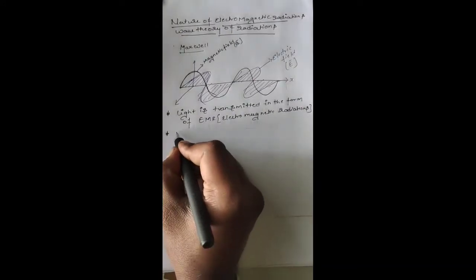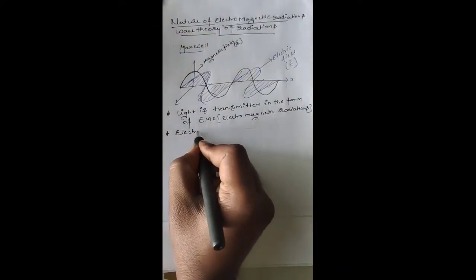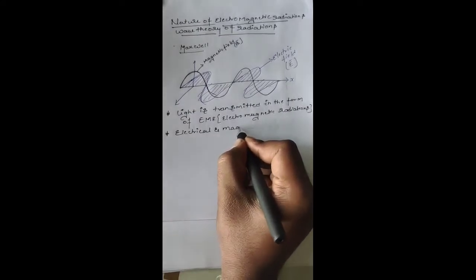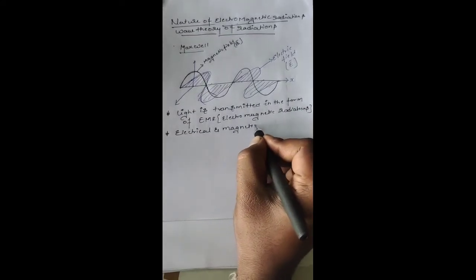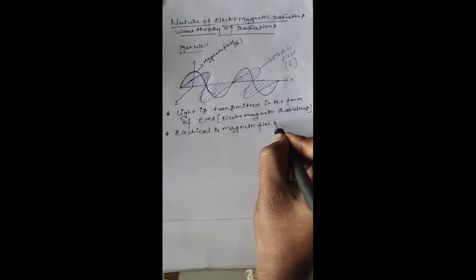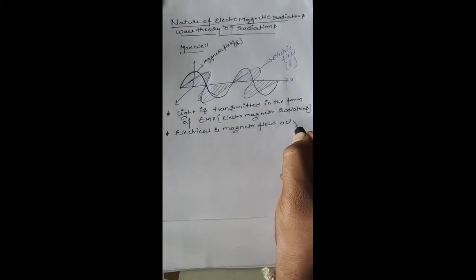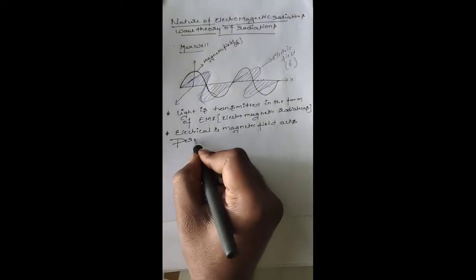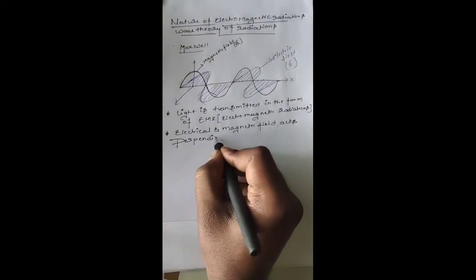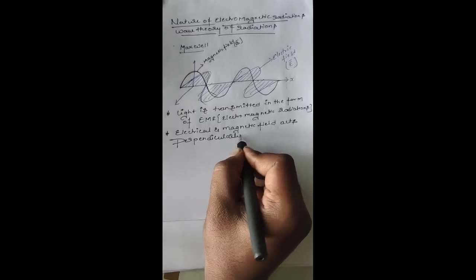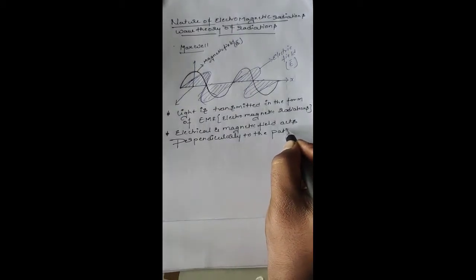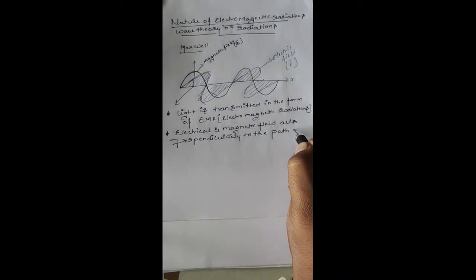It means you can write that the electric and magnetic fields act perpendicular to the pathway.